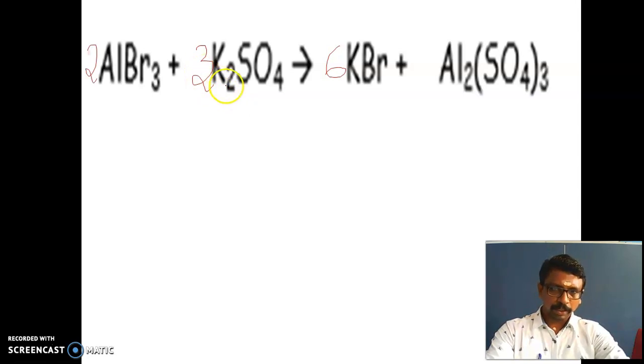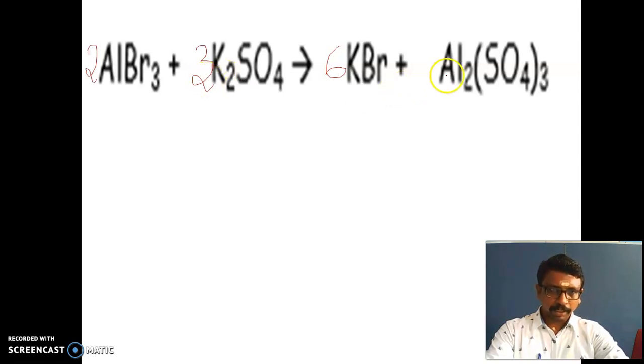So now the potassium number of atoms is 6 and here also the potassium number of atoms will be 6. Now we can see the sulfur, that is 3 molecules of potassium sulfate. So 3 molecule of potassium sulfate, so the sulfur will contain how many number of atoms?